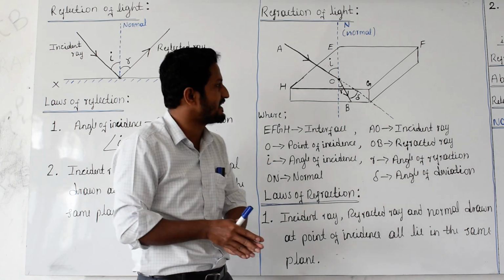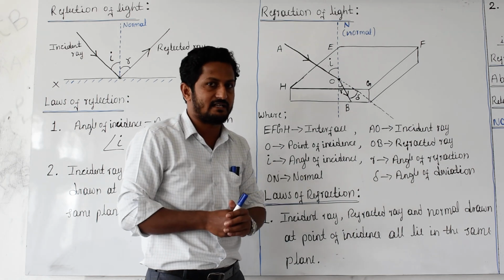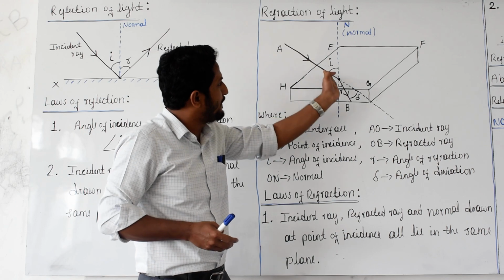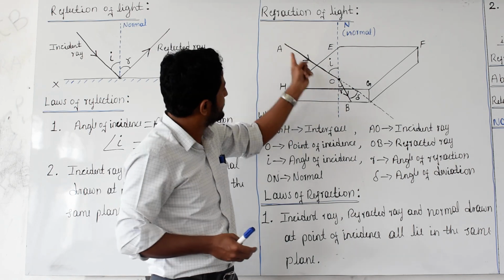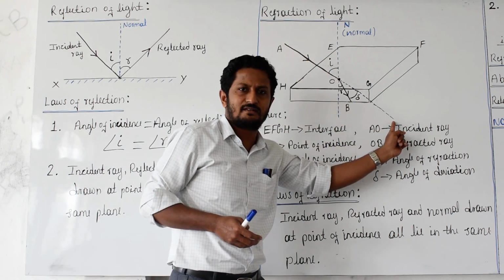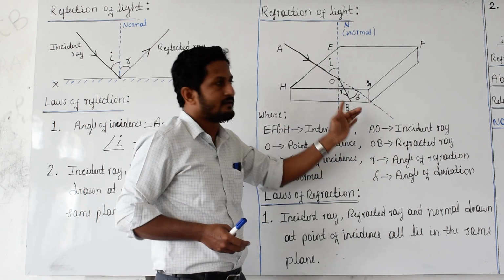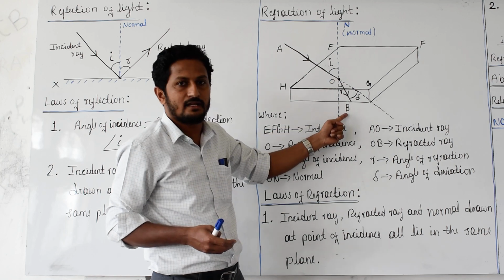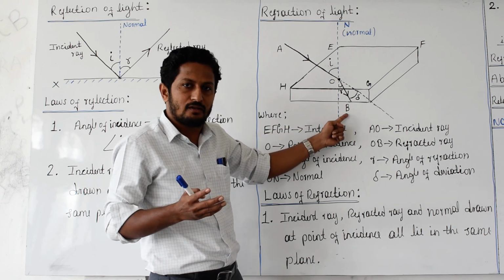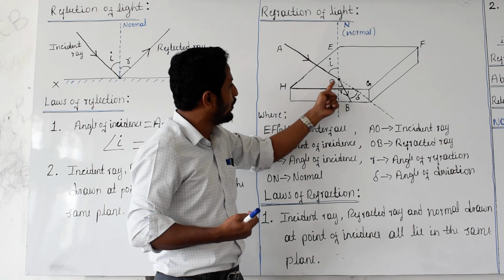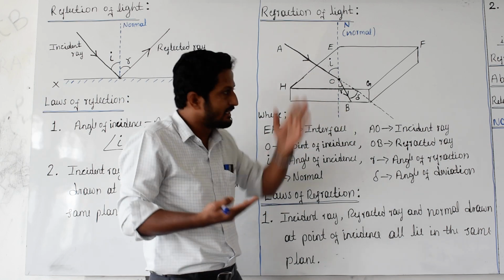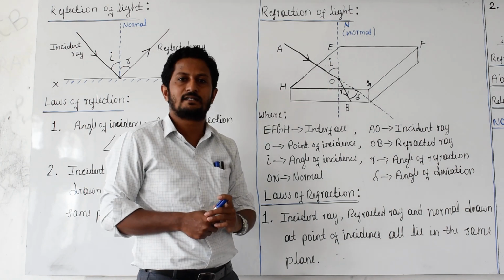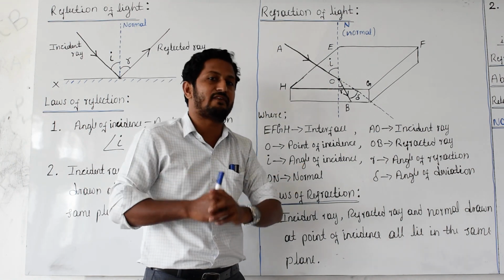Now I am going to define it. What is refraction of light? The bending. Just look at this: instead of going straight, it bends like this. Looking at AOB, we can say the light ray bent. It came like this and bent like this. This phenomenon we call refraction.